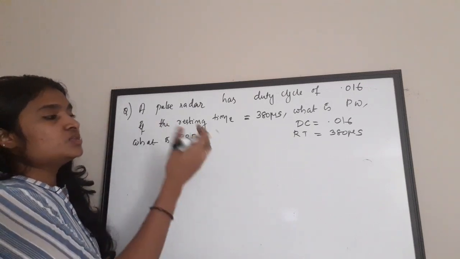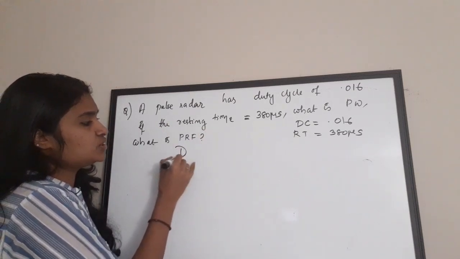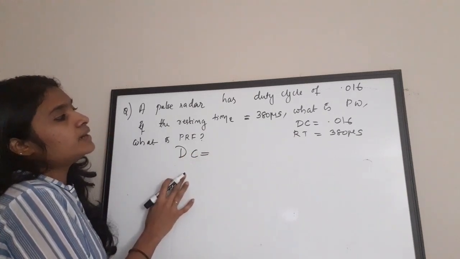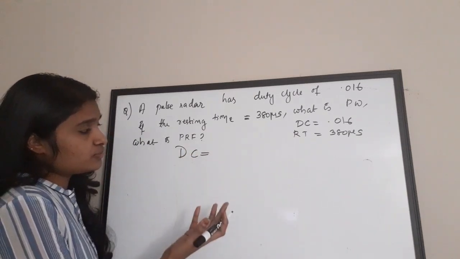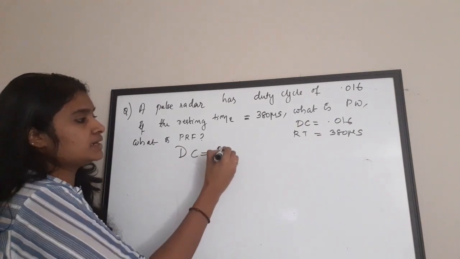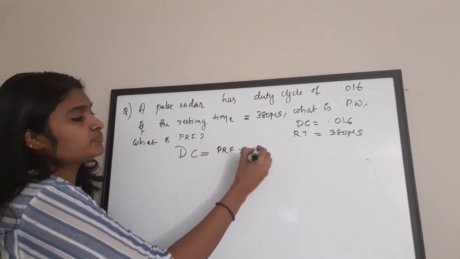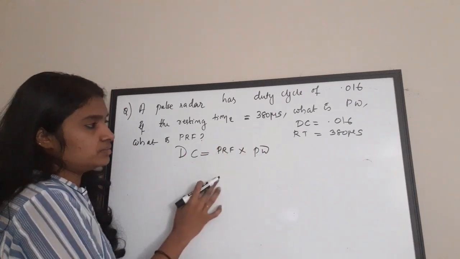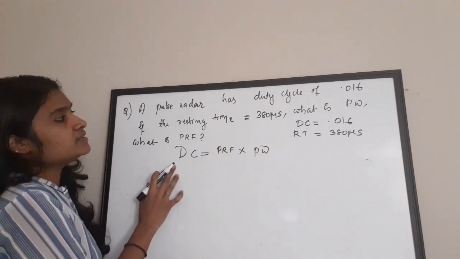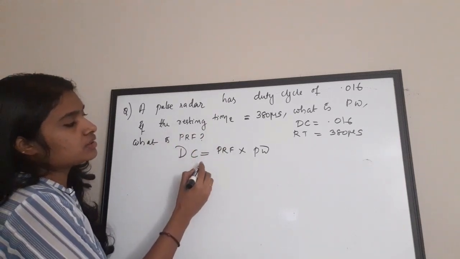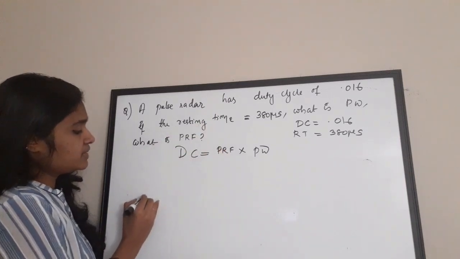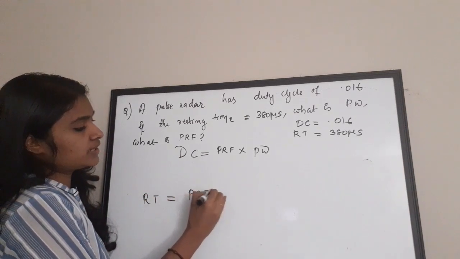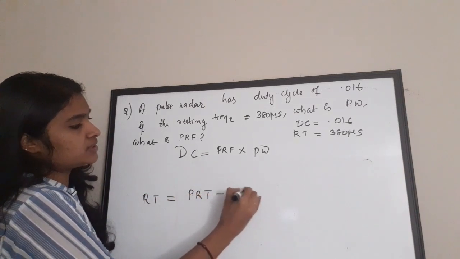Okay, so what is the equation to find duty cycle DC? DC is equal to pulse repetition frequency PRF into pulse width. Okay, this is one equation. Now, what is the equation to find the resting time? RT is equal to pulse repetition time minus pulse width, right?